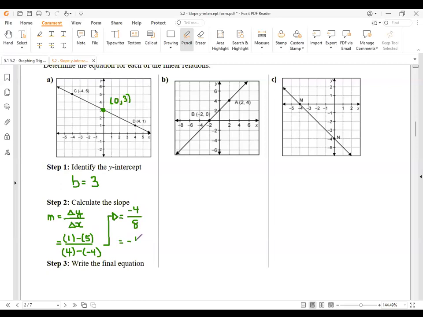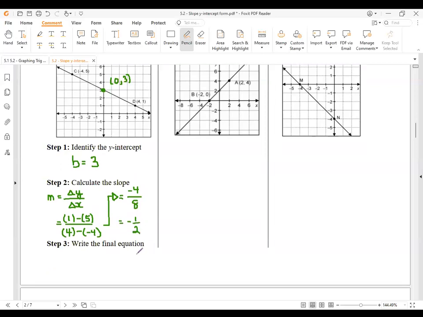My slope is negative 1 over 2. You found your m, you found your b.